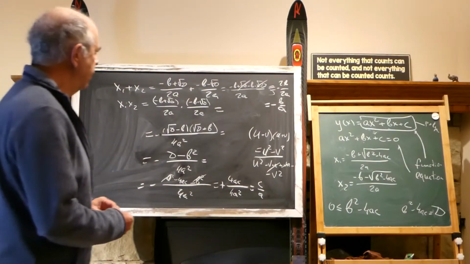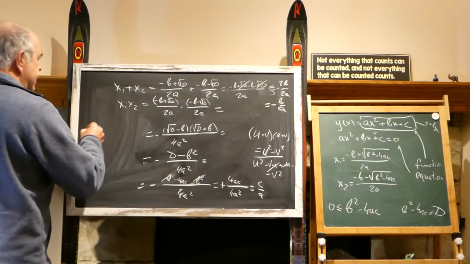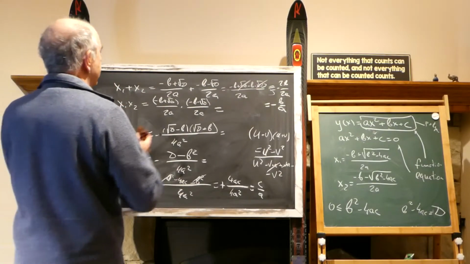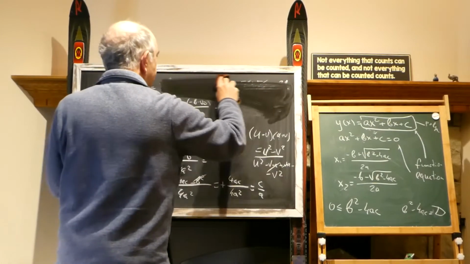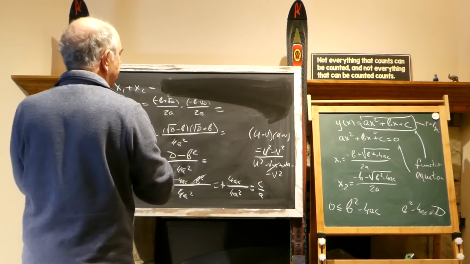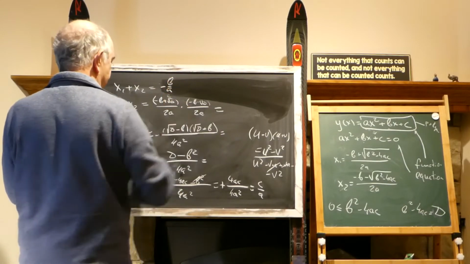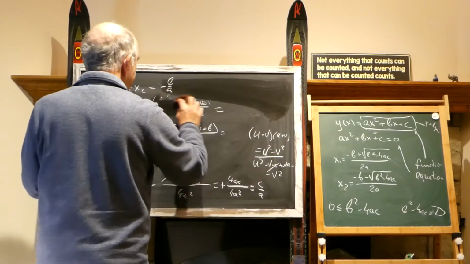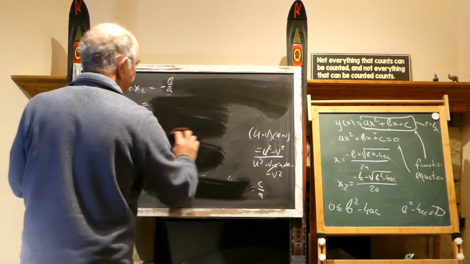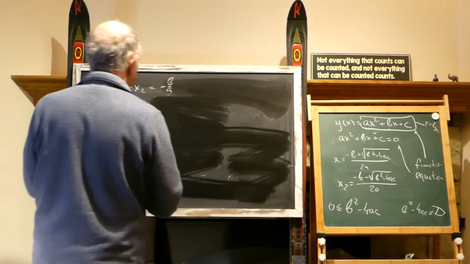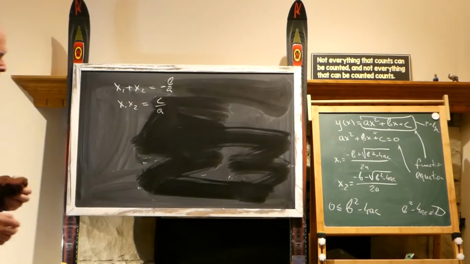And that's it. So, if I write this expression here, minus b over a, and this would be c over a. And let's check.